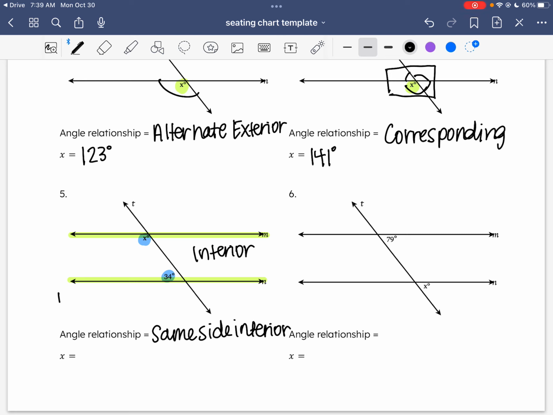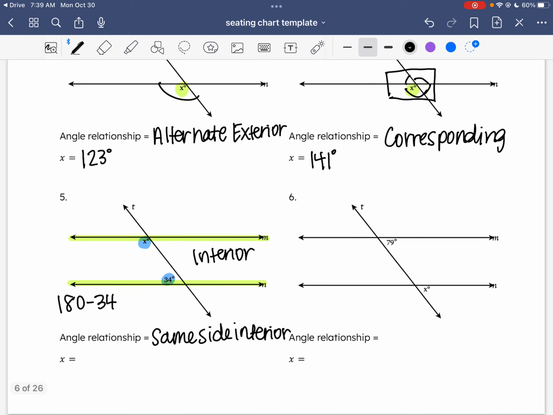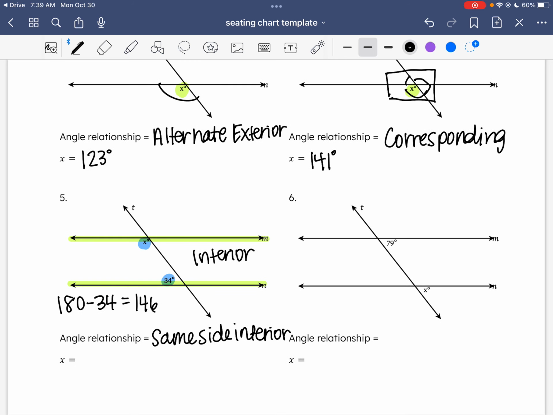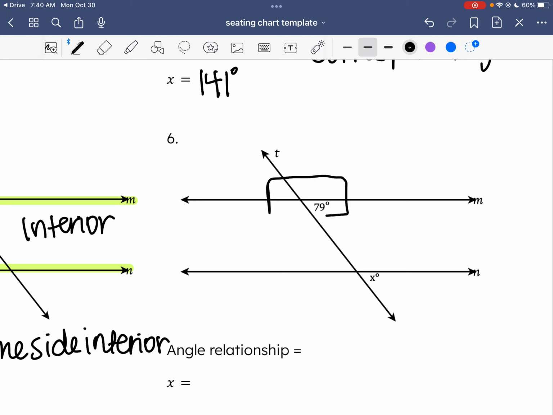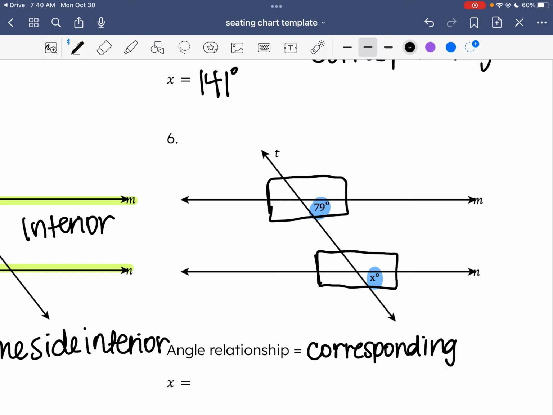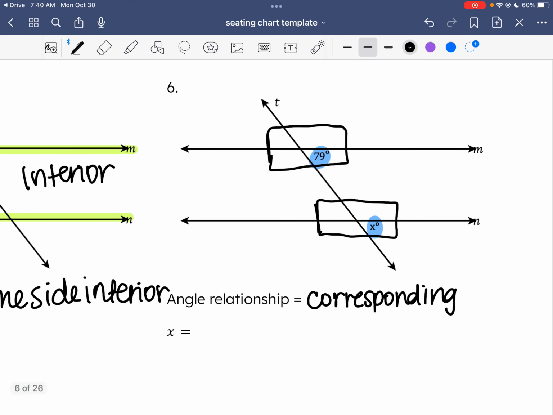And we're going to do 180 minus 34, and we get 146. And our last one, if we look at these groups of angles, these are both in the bottom right, so they are corresponding. Which means they're congruent, so x has to be 79.